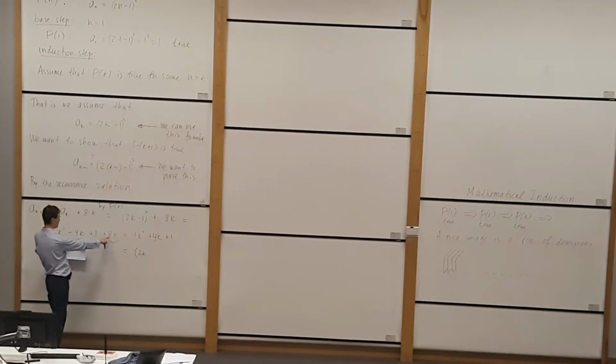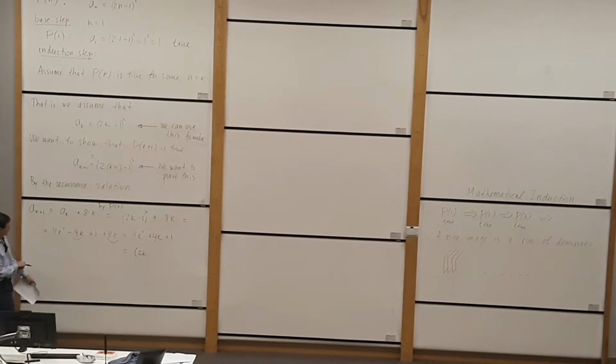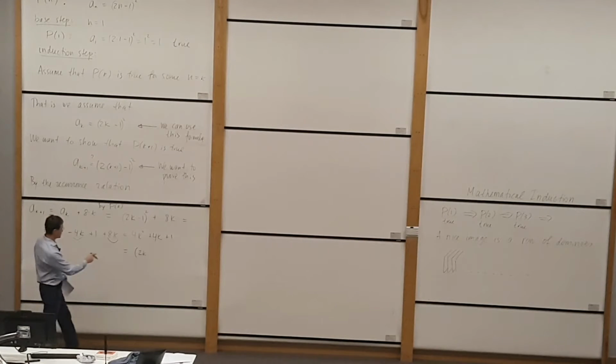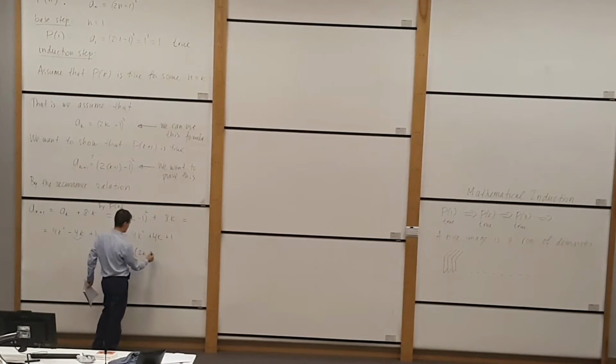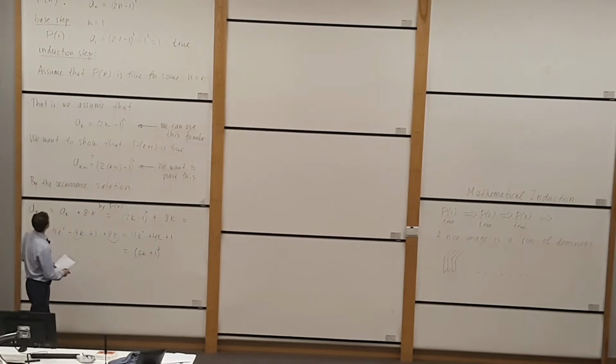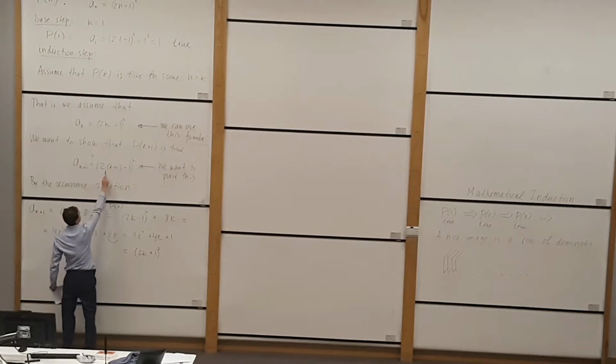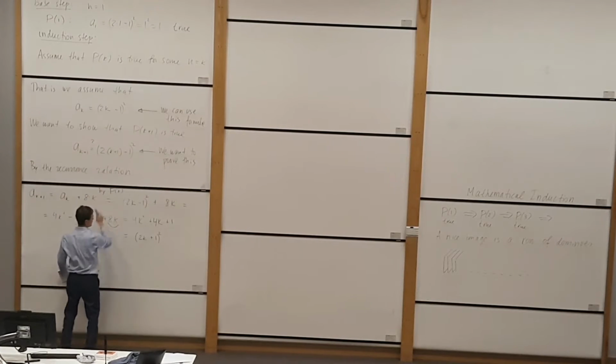Because minus 4k plus 8k, that's plus 4k. So that's 2k plus 1 squared. Okay? Which is the same as the right-hand side there.